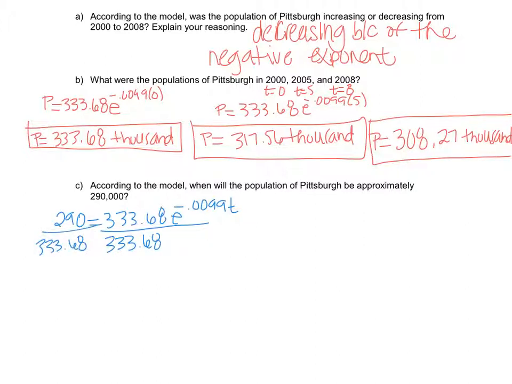333.68, and you get 0.87 equals e to the negative 0.0099t. Now what do we do from here? We take the natural log of both sides. So ln of 0.87 equals ln e to the negative 0.0099t.